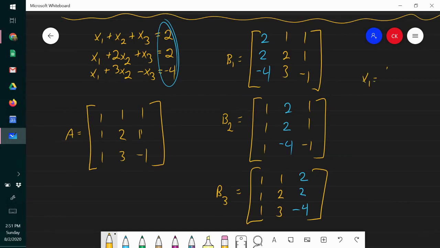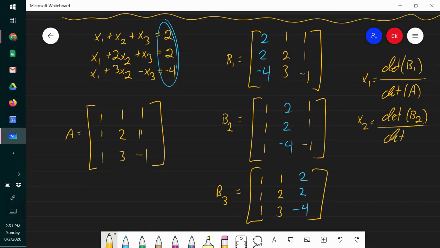X1 is going to be the determinant of B1 divided by the determinant of A. X2 is going to be equal to the determinant of B2 divided by the determinant of A. And X3 then is the determinant of B3 divided by the determinant of A.